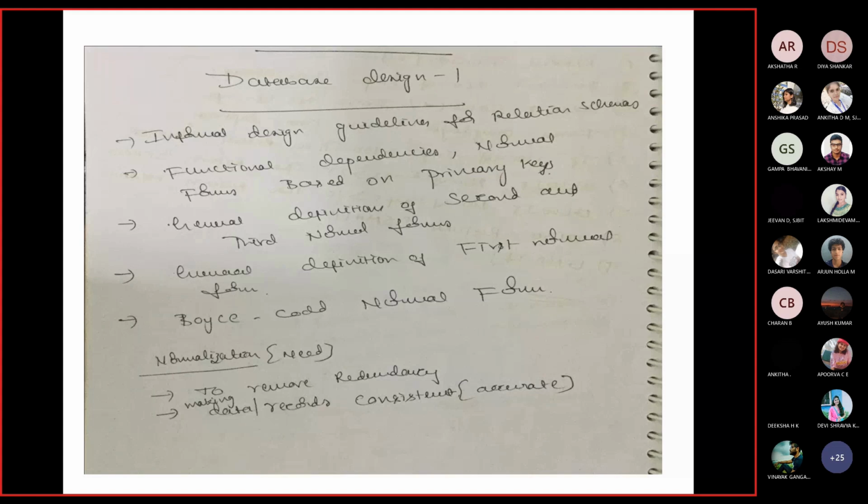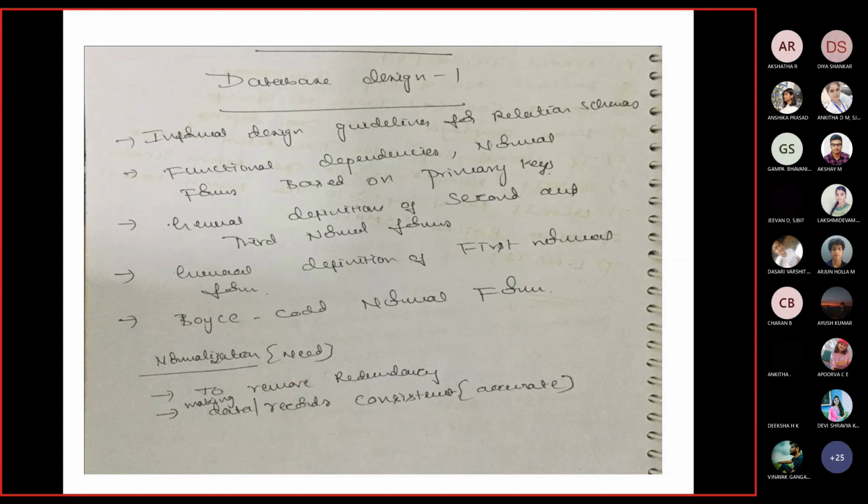the normal form. To make the table be in normal form, or whenever you want to design any relational schema or any database, the first concept is that we should follow some guidelines. We should follow some guidelines to design the relational schema.